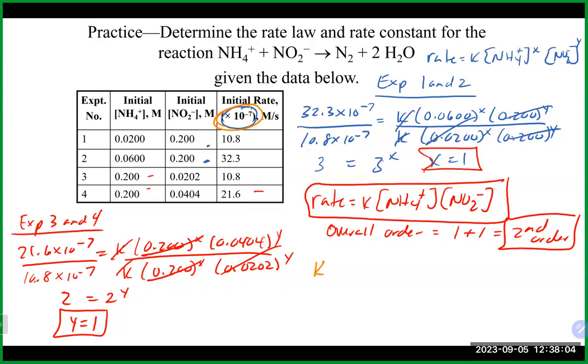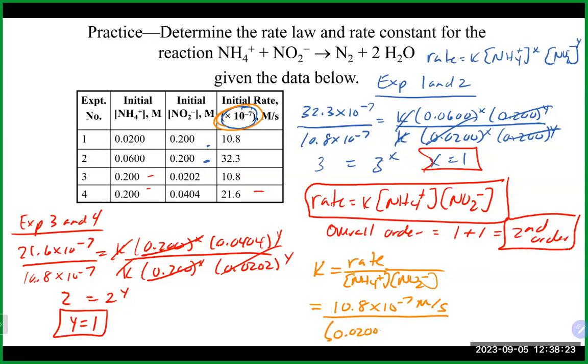So solving for K here will give us our rate over NH4 plus and NO2 minus. So putting in our rate there for the first one, again, I'm making sure I'm keeping that times 10 to the minus 7, divided by our 0.02 molar and our 0.2 molar in this case.